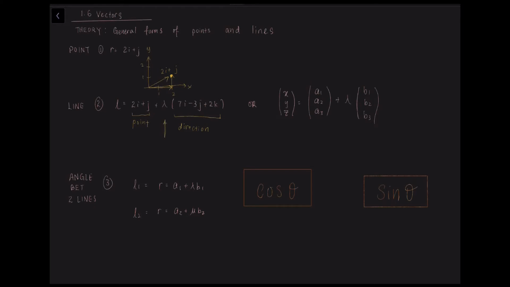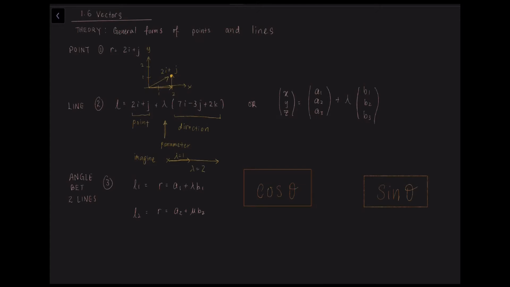And we can find the position vector of any point r on the line by choosing a value of lambda, which is a parameter. So let's say if we choose lambda equals 1, we will get a point on the line. r equals 2i plus j plus 1 times (7i minus 3j plus 2k), then it will equal 9i minus 2j plus 2k, a point on the line.